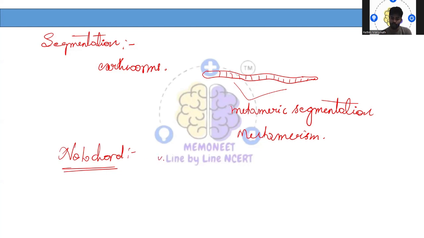So what is the notochord? It is a mesodermally derived rod-like structure which forms along the dorsal side during embryonic development and acts as the backbone.